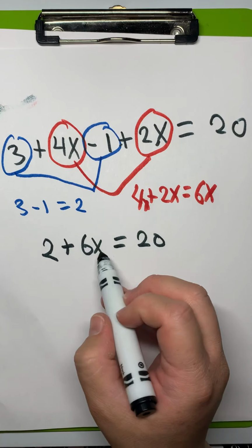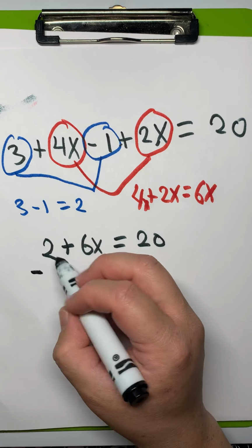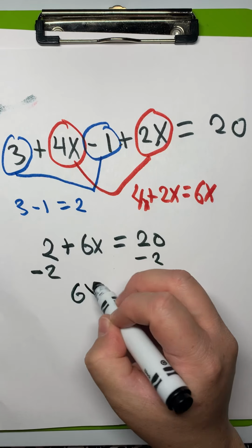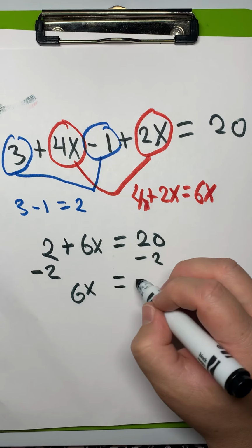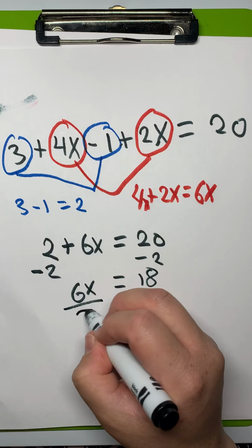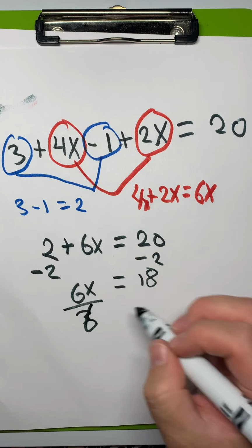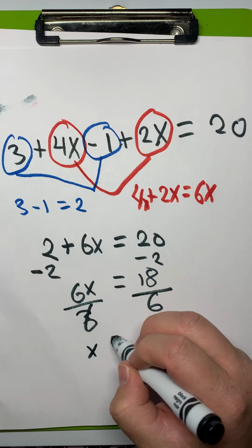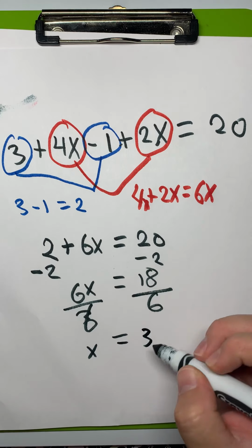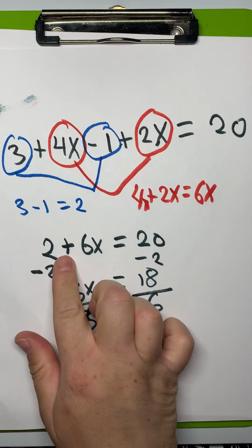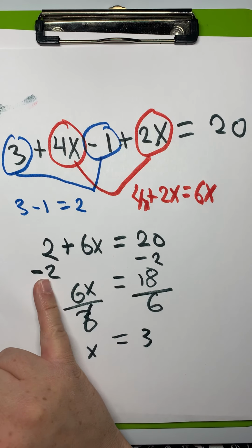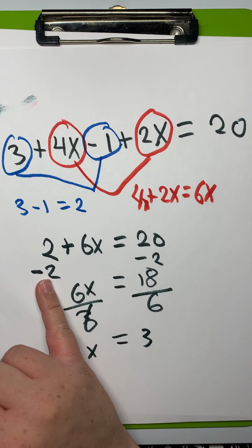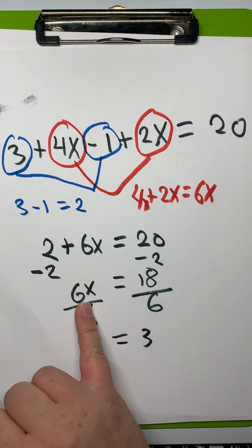From here, once we got everything combined, now we're back to solving. Minus 2, 6x equals 18, divided by 6, divided by 6. Now you're left with x equals 3. So once you get to this point here, you're still just doing your standard solving, watching your terms.